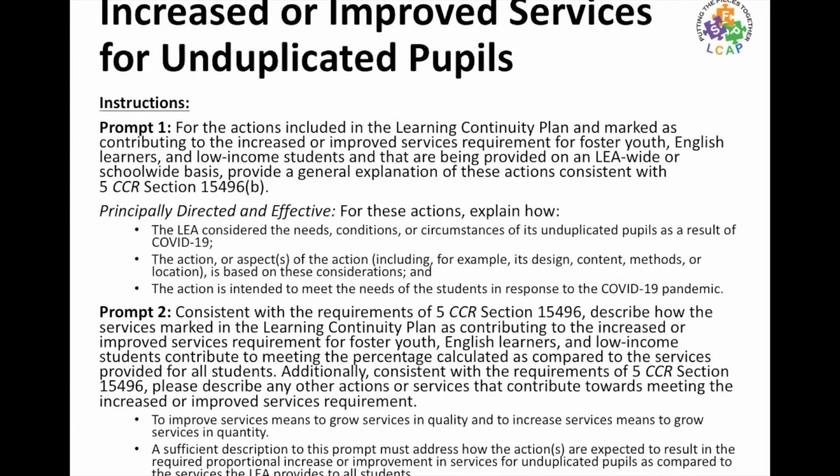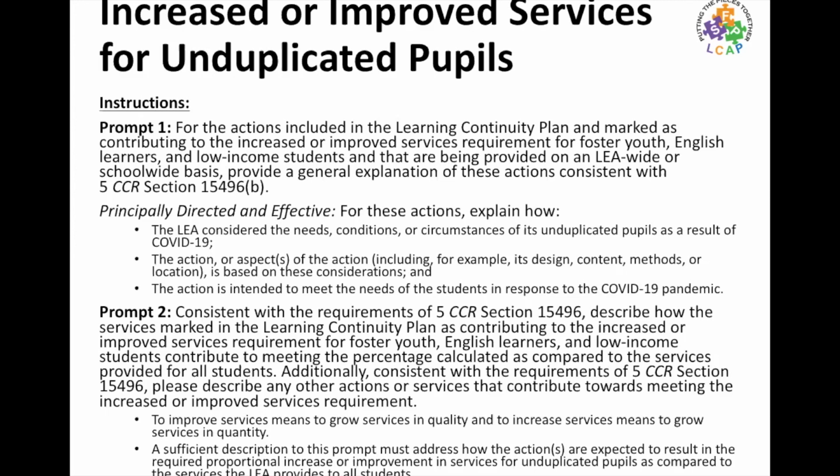For the second response, the LEA is required to provide a description of how services for foster youth, EL, and low income students are being increased or improved by the percentage calculated as compared to the services they're providing for all students. The instructions include that to improve services means to grow services in quality, and to increase services means to grow services in quantity.